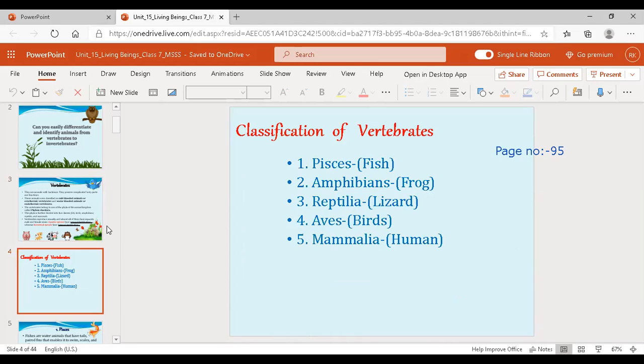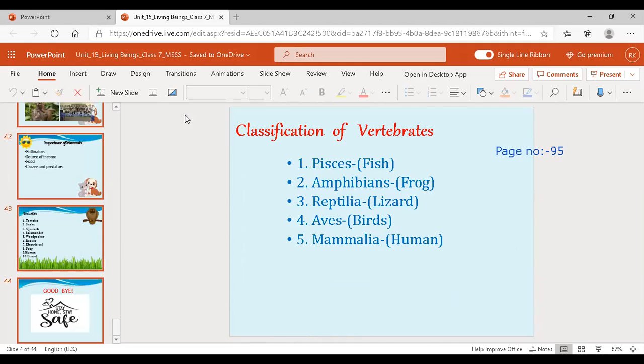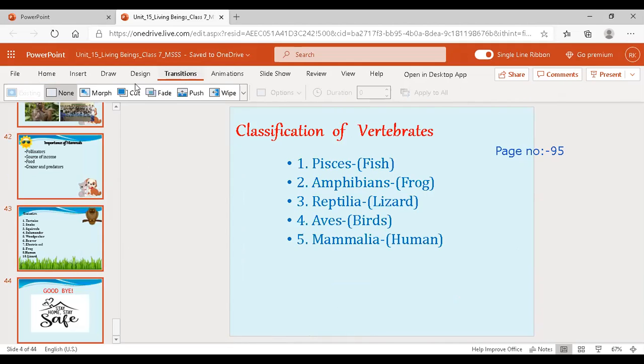And today we'll discuss the types of classification of vertebrates. Classification of vertebrates: there are 5 groups: fish group, amphibians, frog group, reptilia, lizard group, aves, birds group, and mammalia, human group.